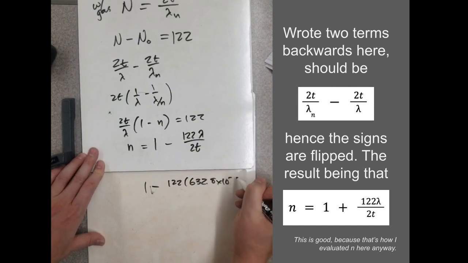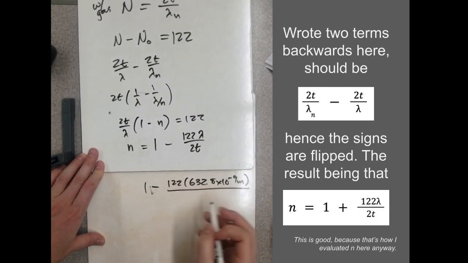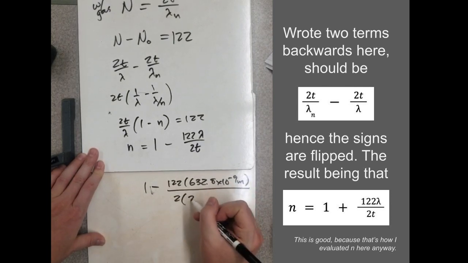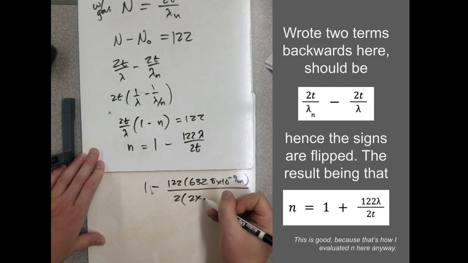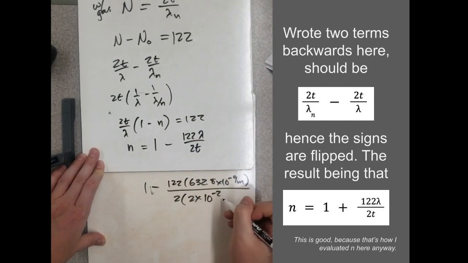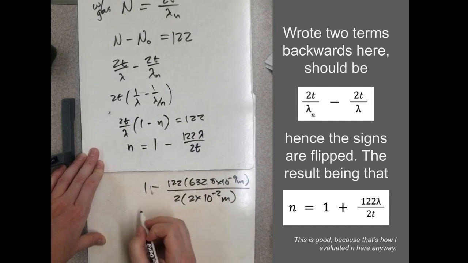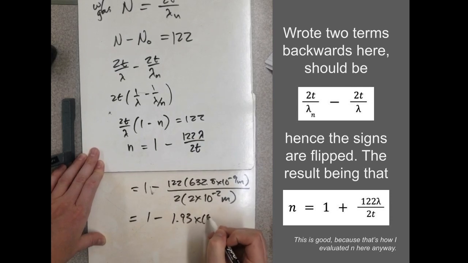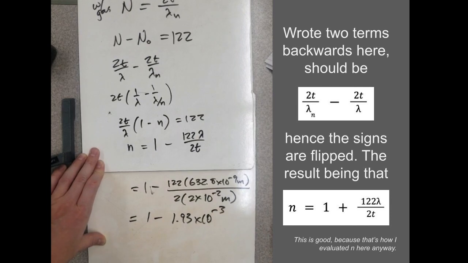Got to put it all in the same unit, might as well do meters. Remember, T was the width of our chamber, 2 centimeters. Turns out that's 1 minus 1.93 times 10 to the minus 3. No more units there, those meters cancel out.